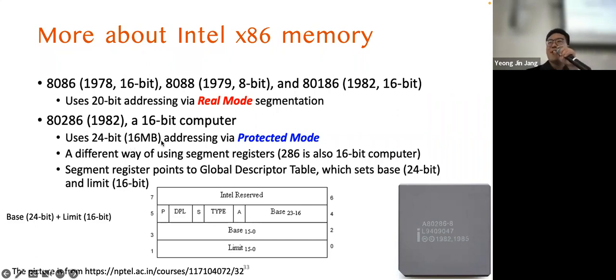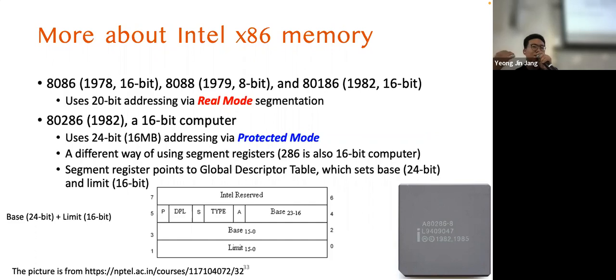And how can you do that? They developed the so-called protected mode. The problem was that they only had 16-bit registers, so we need to use the same pair of segment and offset. But multiplying the segment by 16 and adding the offset only allows 20-bit addressing.